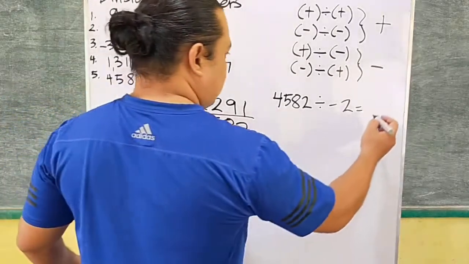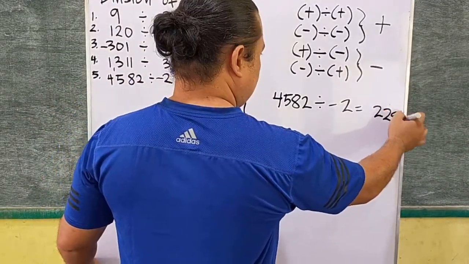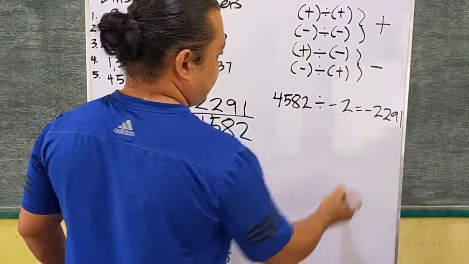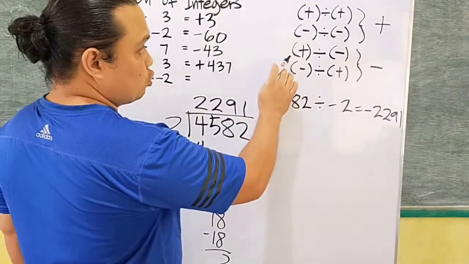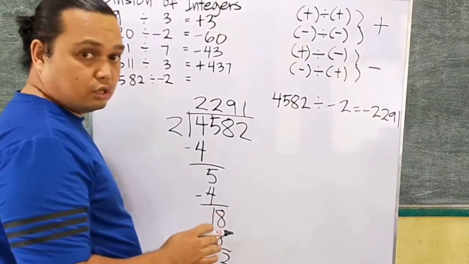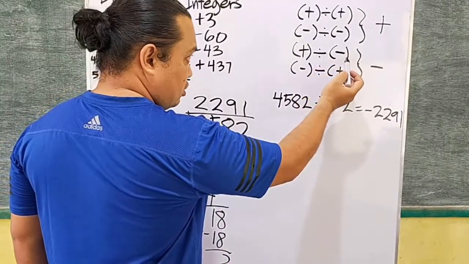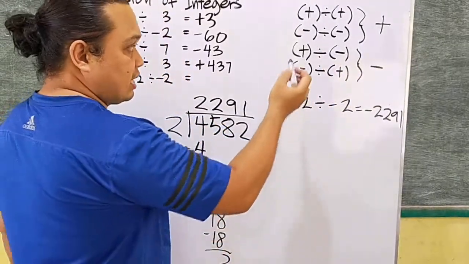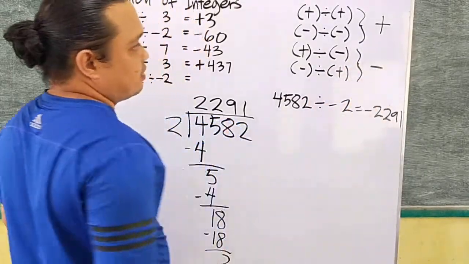2,291. And 2,291 is a negative. Why? The rule is the quotient of two unlike integers, or the quotient of a positive integer and a negative integer, or the quotient of a negative integer and a positive integer is a negative integer.